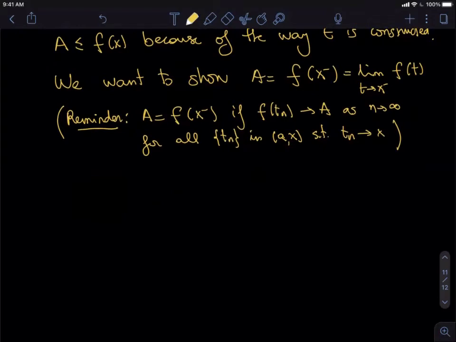Now, because it's a proof with limits, let epsilon bigger than 0 be given, okay, any epsilon.